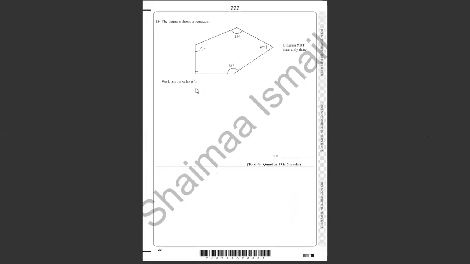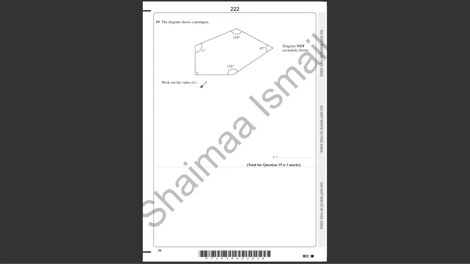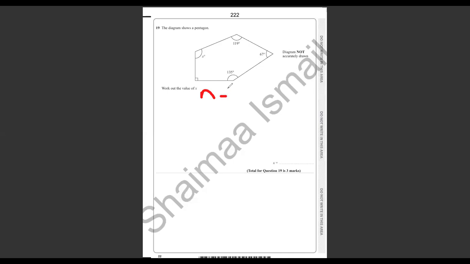Question number 19: work out the value of x. Here is a polygon with a pentagonal shape. To find the interior angles, we say (n minus 2) multiplied by 180. Here we have how many sides?